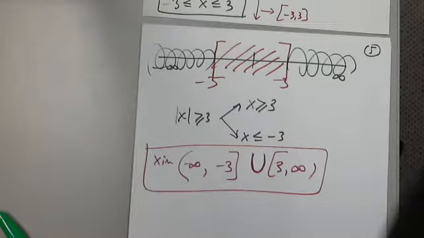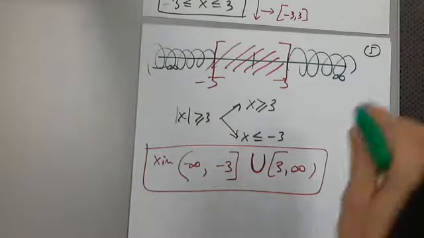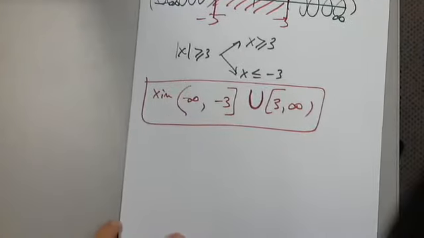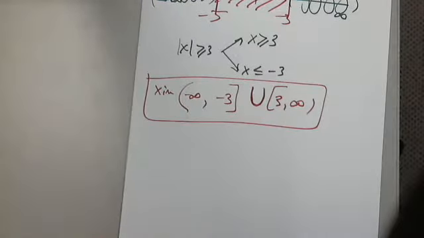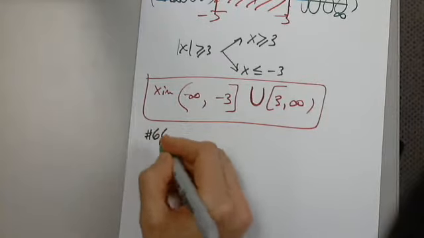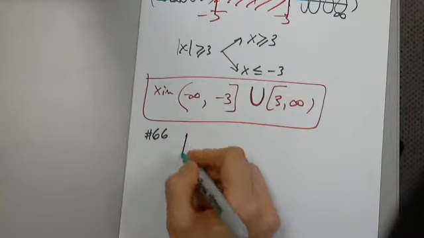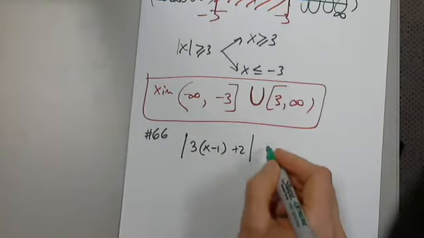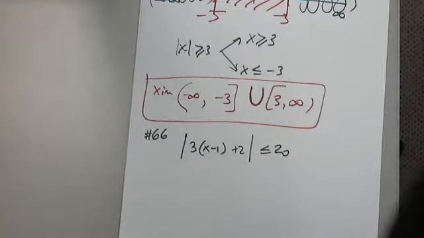Keeping this in mind now, let's look at problems and see how much we understood from this. Okay, let's start with 66. The absolute value of 3, parentheses, x minus 1, plus 2, less than or equal to 20.